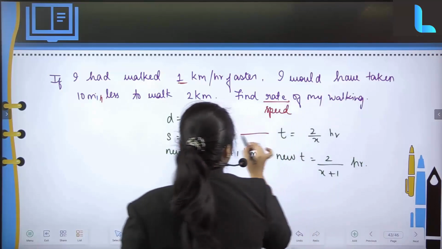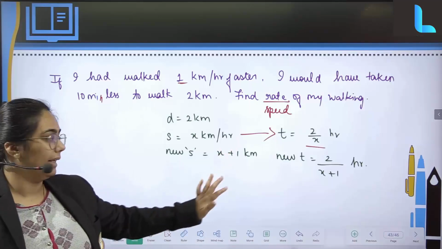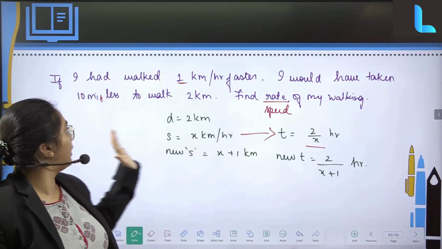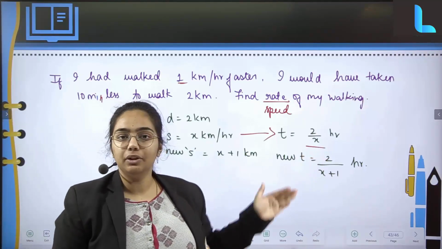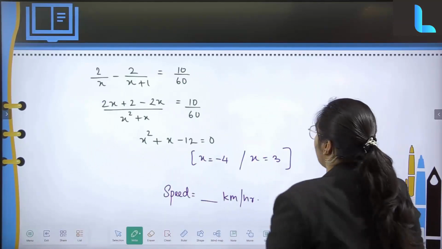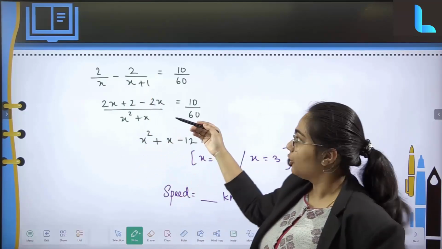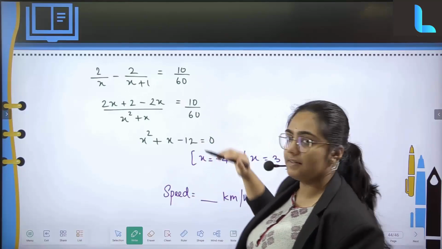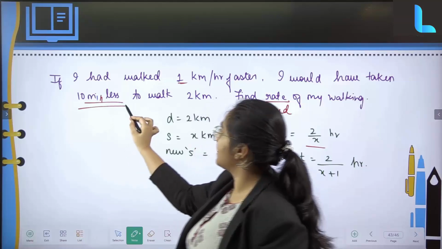So for the speed x I would have taken 2 upon x time, right? Similarly, if I had walked 1 kilometer faster, then new time would have been 2 divided by x plus 1. So if you solve for it, you will be getting 2 upon x minus 2 upon x plus 1 is equal to, they have said over here, 10 minutes less to walk.